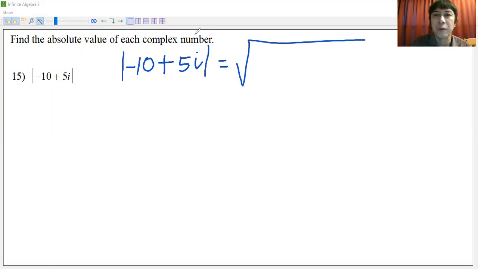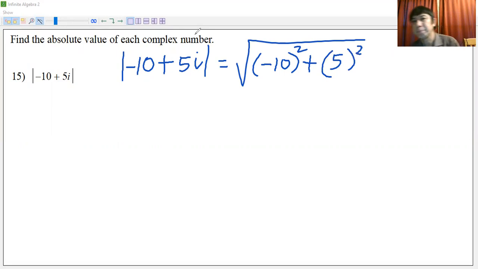You have here negative 10 squared. That's for the real number part. And then plus, take the 5. That's for the imaginary part coefficient. Square it there. Now, we can assume these two numbers will now be becoming positive. And we have a common factor again, the 5. There is 5 in number 10. 2 times 5 is 10.